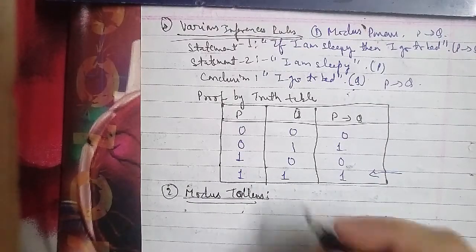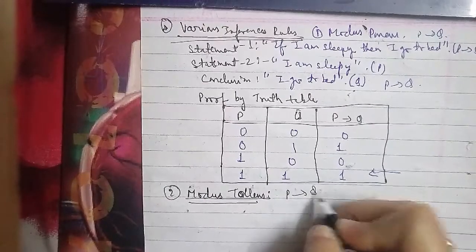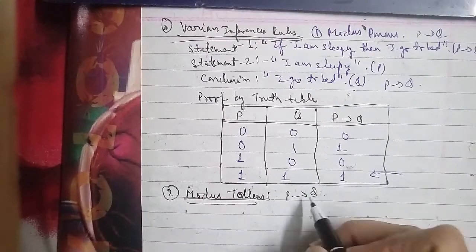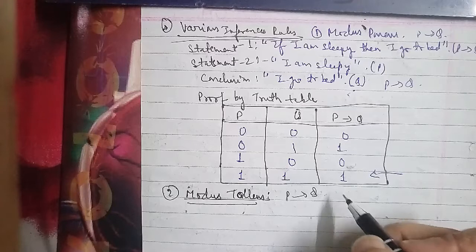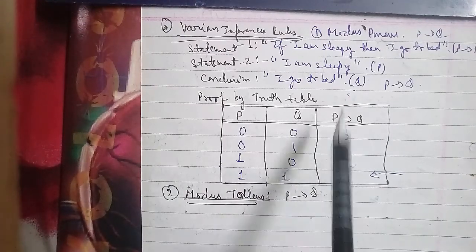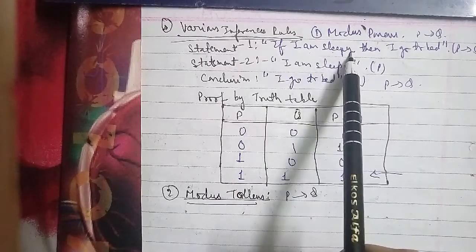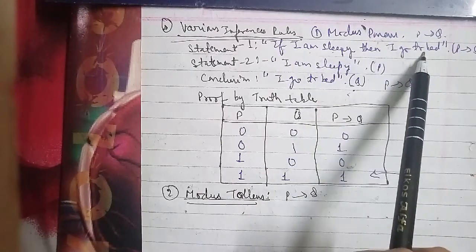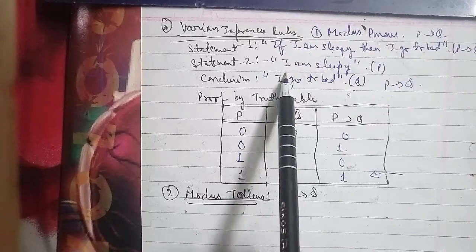For that we will go ahead with the discussion and do the same for the truth table as well. We'll take the same statement: if I am sleepy, then I go to bed, and then I do not go to bed. So let's go ahead with the three statements that we have.